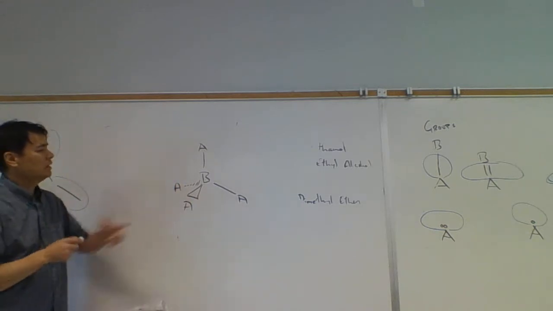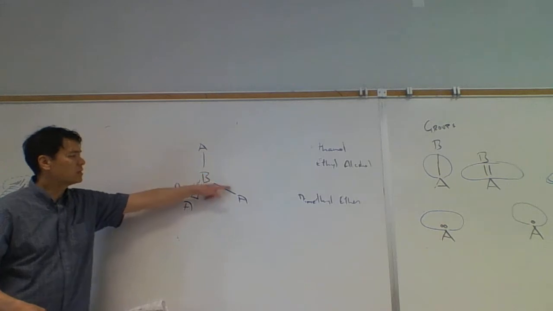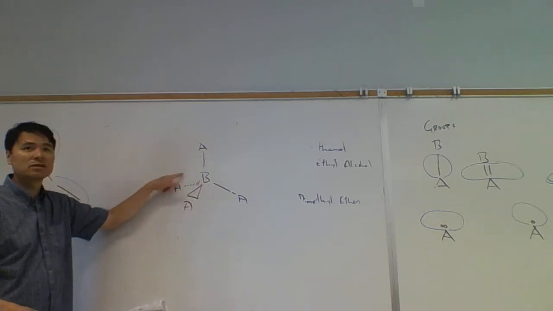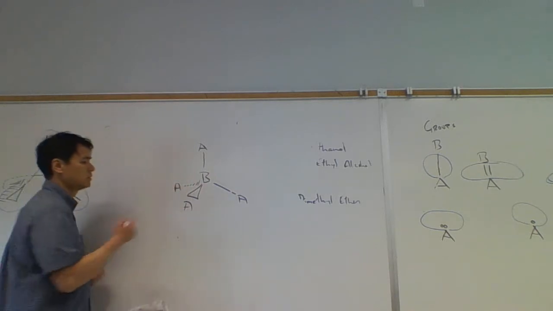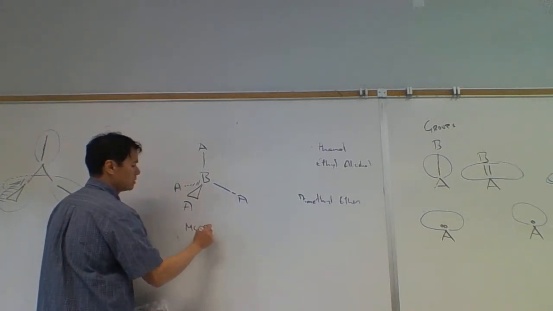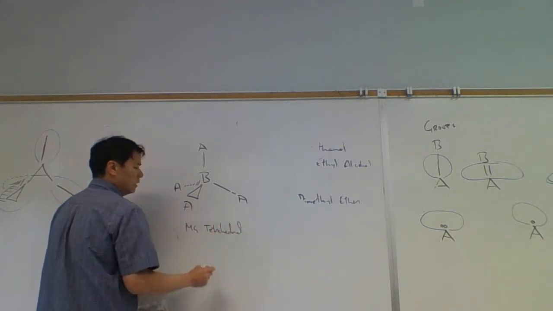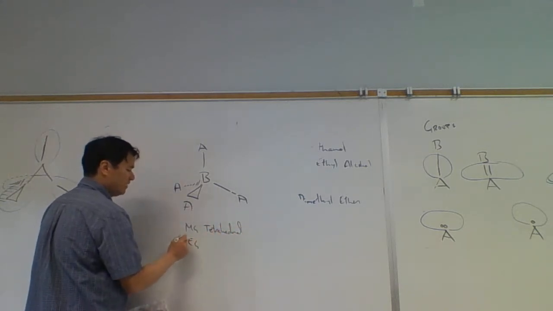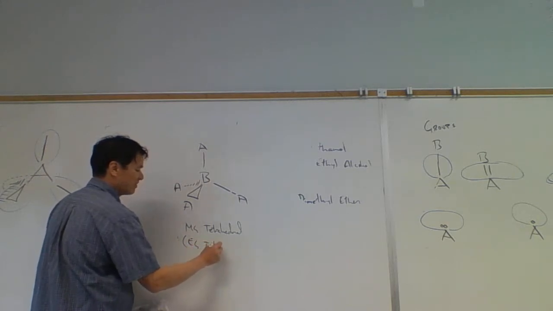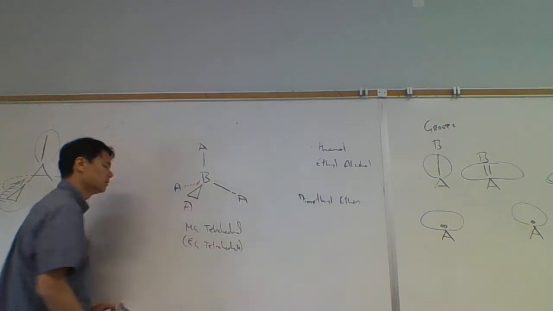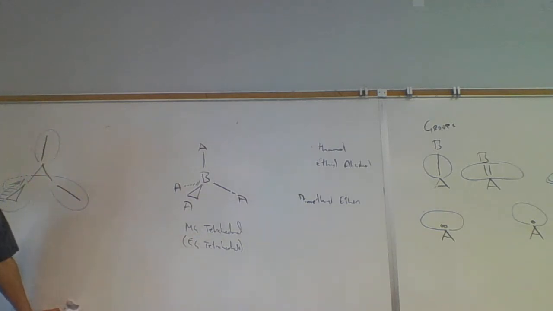So we see we have an electron geometry that's tetrahedral, and a molecular geometry which is the same, tetrahedral. And again, electron geometry is just a stepping stone to molecular geometry. Ultimately, what we want is molecular geometry.